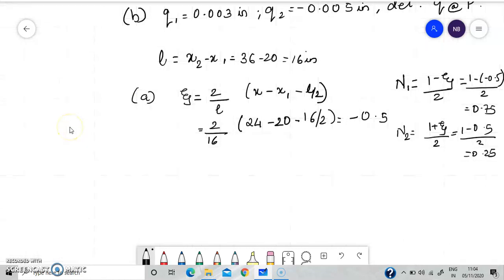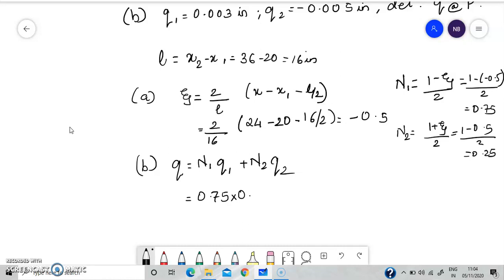so we've solved the first part of the question. The second part of the question, we are asked to find out the displacement. So we are going to use q equals n1 q1 plus n2 q2. We know the values of n1 and n2.